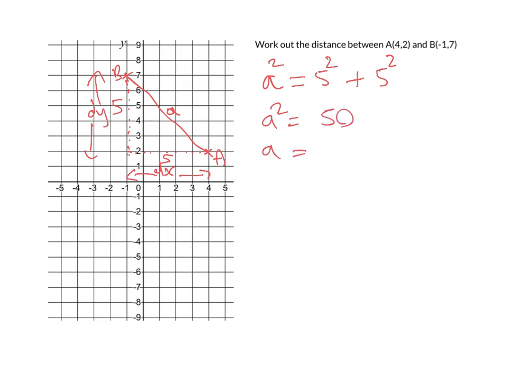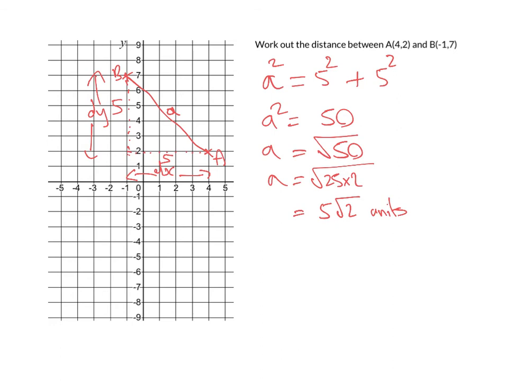So A equals the square root of 50, which, if you know your surds, is root 25 times 2, which equals 5 root 2. Units, well, there are no units here. We don't normally put units, okay? And if it was a context question, had centimetres or anything like that, then we'd need to make sure that we made use of that.